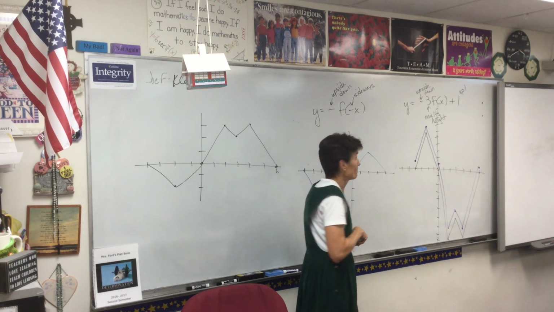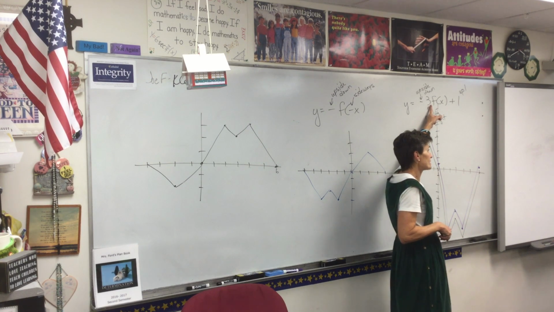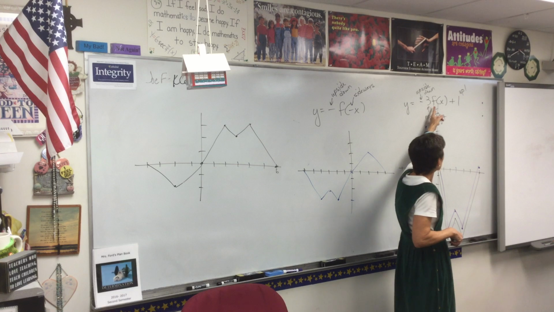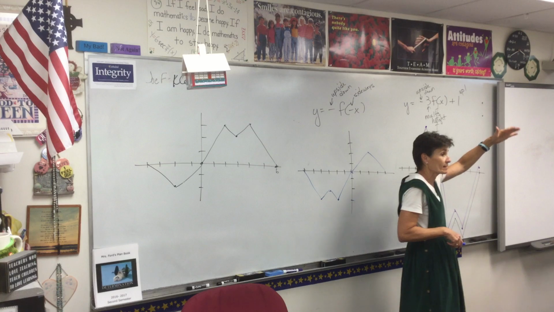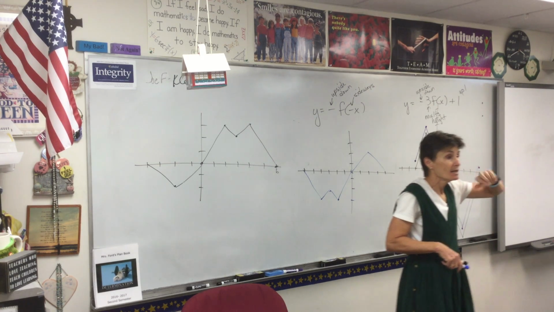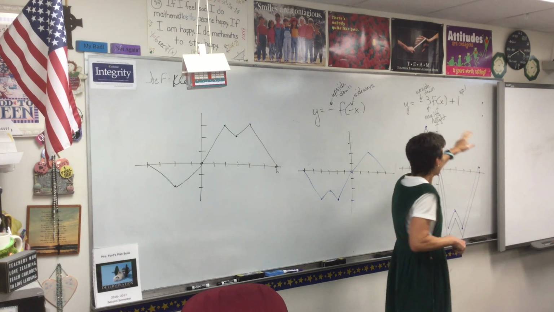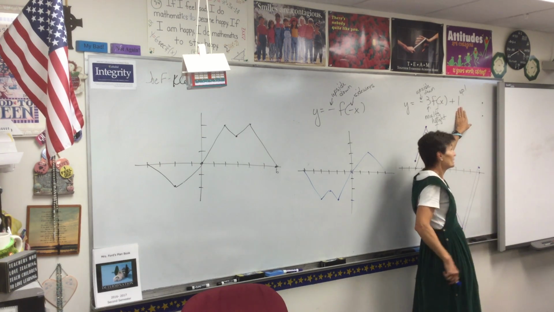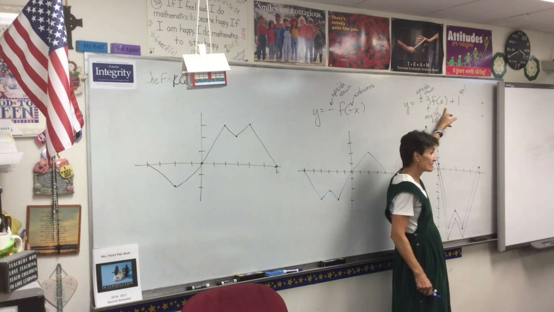So one more time, a number out in front multiplies the height. A number inside with the x, like 3x, 2x, 1/5 x, divides the width. Add or subtract outside moves you up or down, and add or subtract inside moves you sideways.